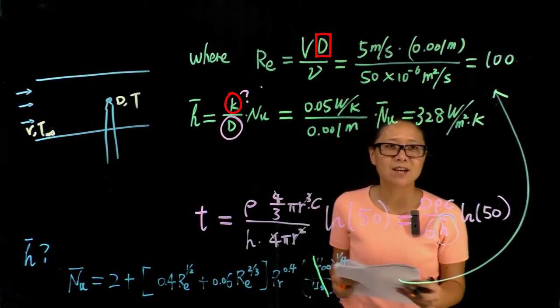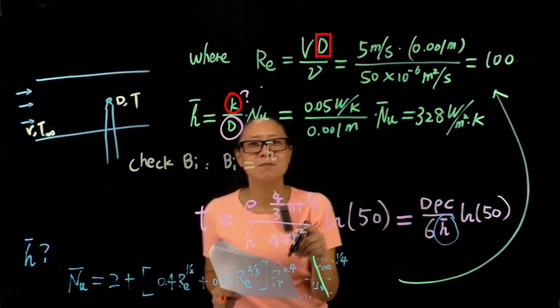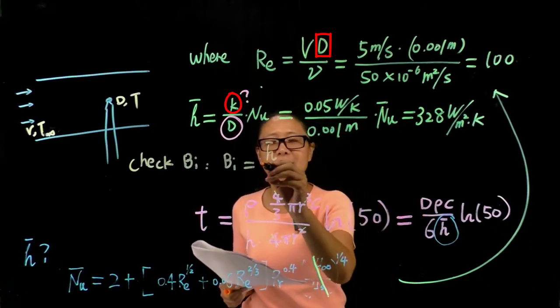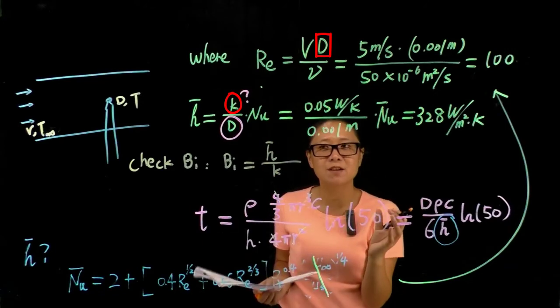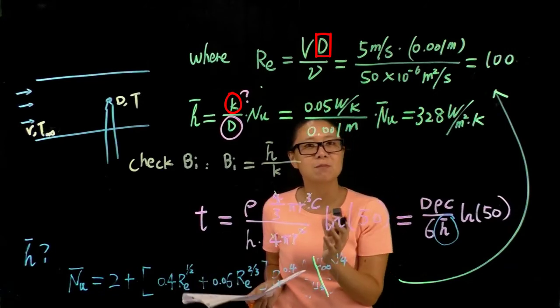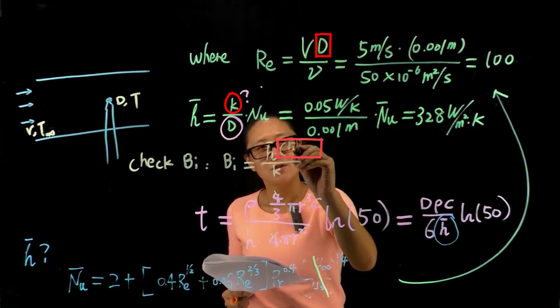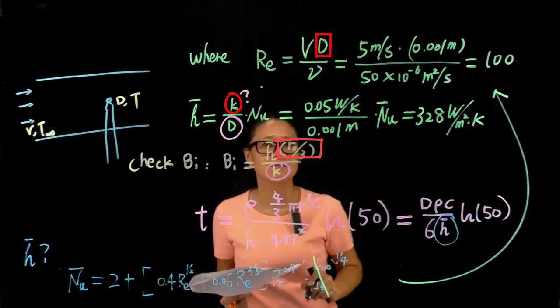So now we have the convection coefficient. We can check the Biot number. The Biot number is h multiplied by the characteristic length divided by k. What's the characteristic length of a sphere when it comes to the Biot number? That is radius divided by 3. Whose thermal conductivity is this?